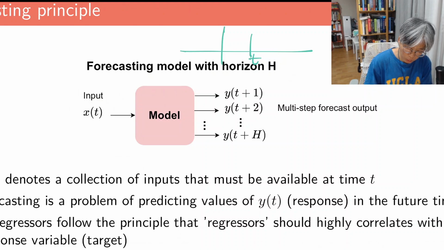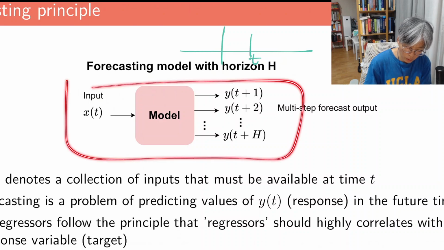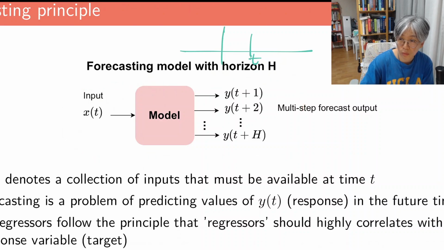Now I'm using this model in inference mode, or the forecasting mode. That model must release what we call a multi-step forecast output. It forecasts y at t plus 1, t plus 2, up to t plus h.